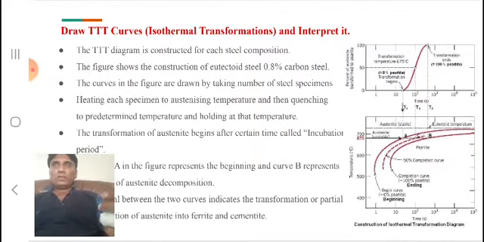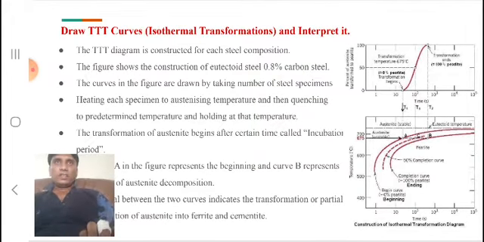So the main difference between isothermal transformation and continuous cooling transformation is that they give different properties with the same microstructure just because of the presence of retained austenite.